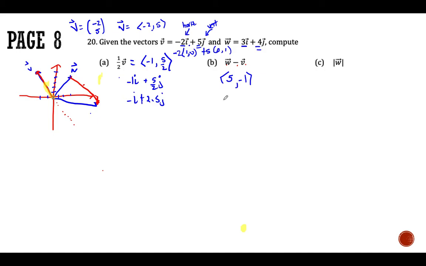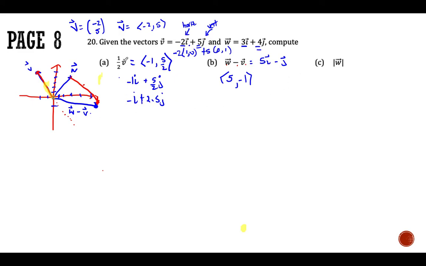Or again in ij format. And if you think about that, even with my pathetic drawing, 1, 2, 3, 4, 5, and down negative 1 is the vector w minus v.